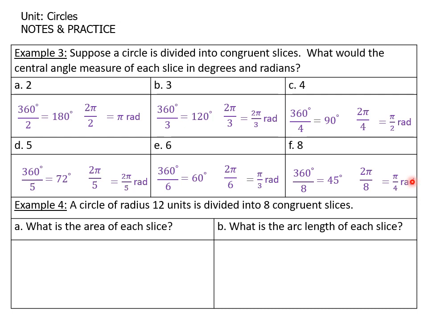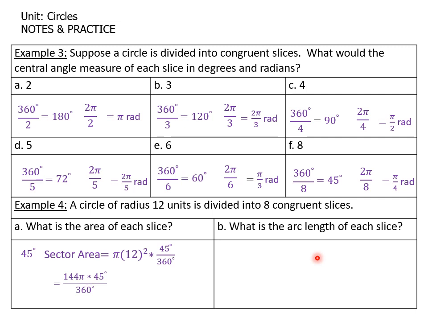Now, example 4, a circle of radius 12 units is divided into 8 congruent slices. What is the area of each slice? Well, I know the central angle. We got that from here. It's going to be 45 degrees because we already figured out 8 congruent slices for example 3. So the area of each slice, our radius is 12, so pi times 12 squared times 45 over 360.